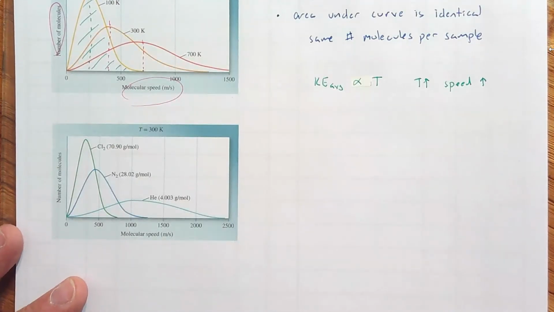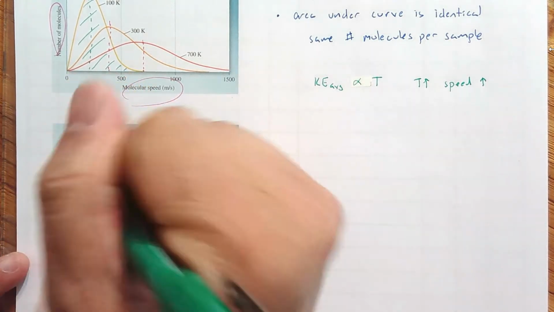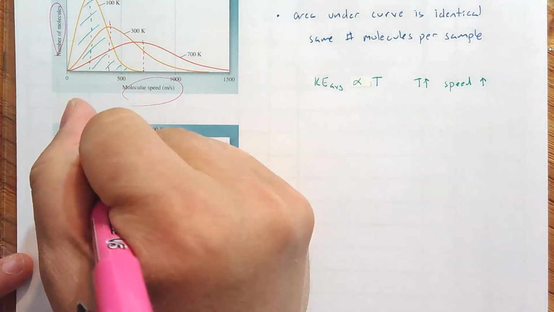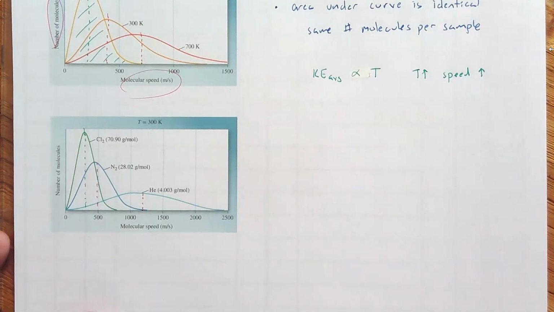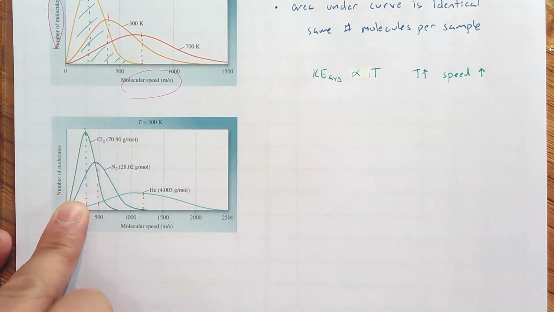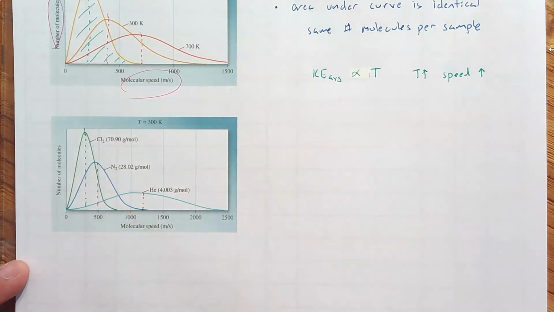Take a look at the second graph. The second graph is comparing three gas molecules. It looks like chlorine has the slowest speed, followed by nitrogen gas, followed by helium. Oh, did I say slowest? Chlorine has the slowest speed, nitrogen is faster, helium is the fastest.